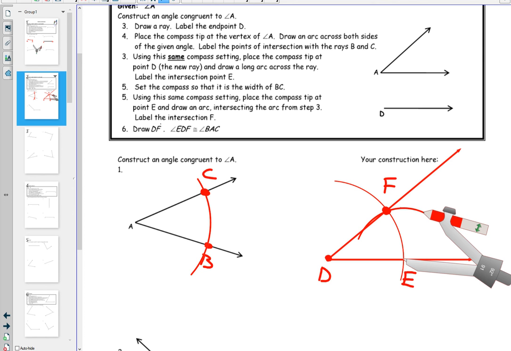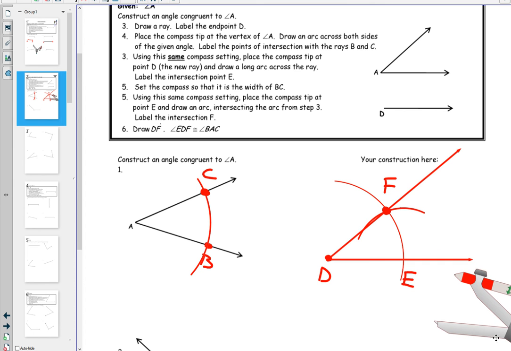Now the way you would check that is if you have a protractor. You don't have a protractor, but I do. So let's see with my protractor if what we did is correct.